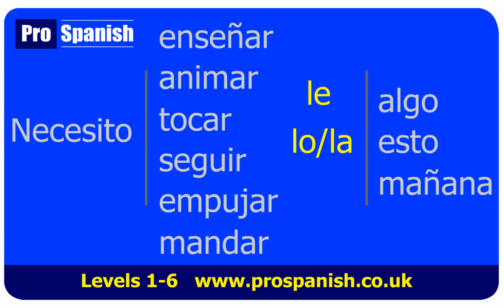So even where we have used lo for him, they use le. So they would say to see him, verle, where the strictly correct way is verlo. And this is called leísmo. So it's the tendency to use le for him in both cases instead of lo.